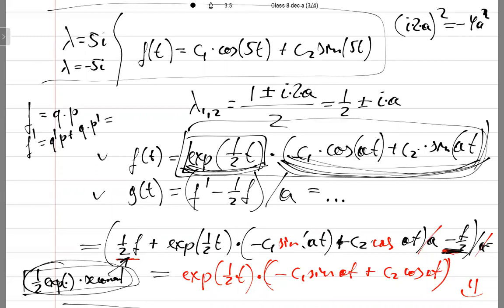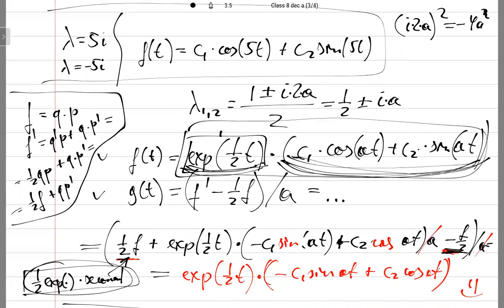But in our case, q prime is 1/2 q, so the derivative will be 1/2 f plus q p prime, like that, where q is that function and p is the second term.